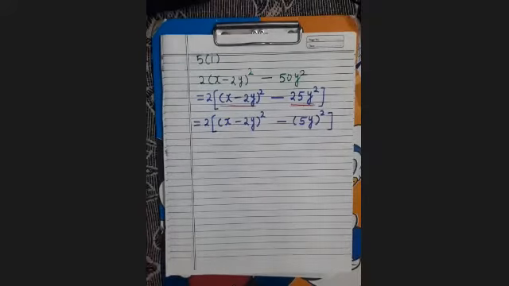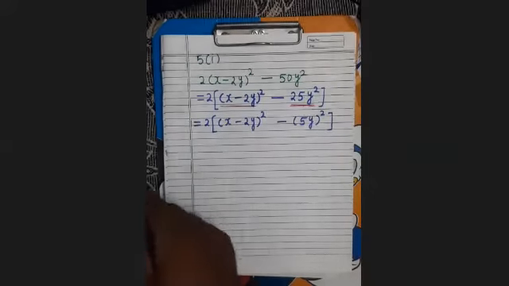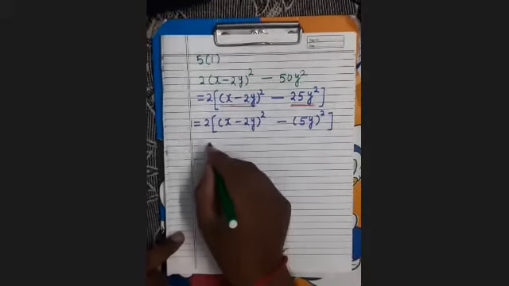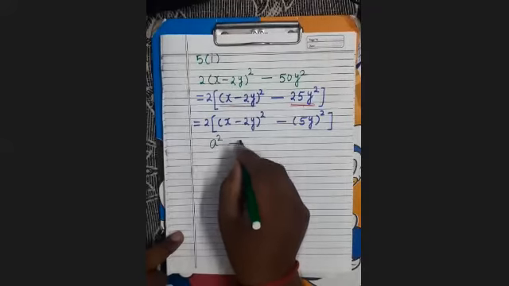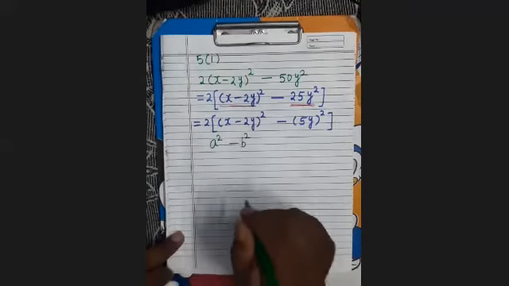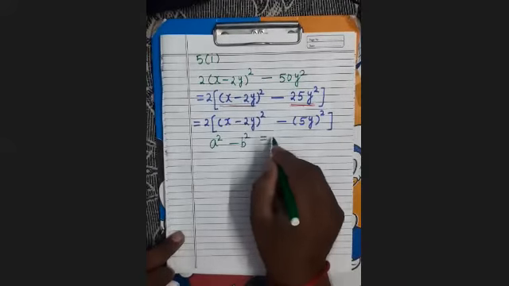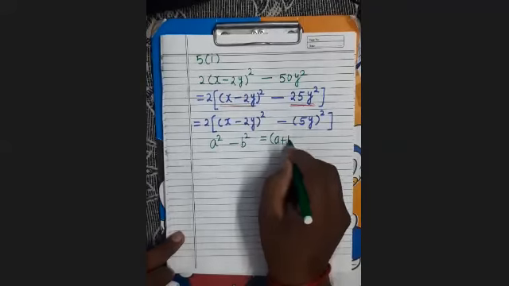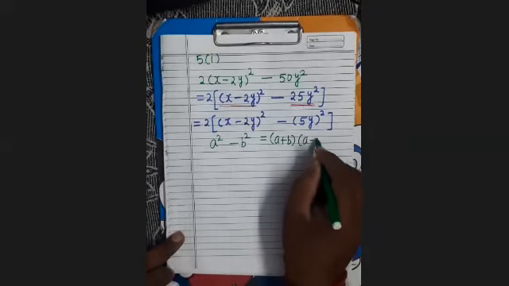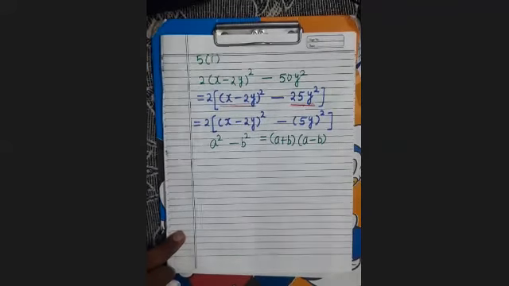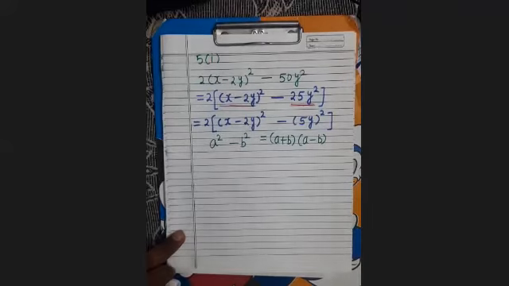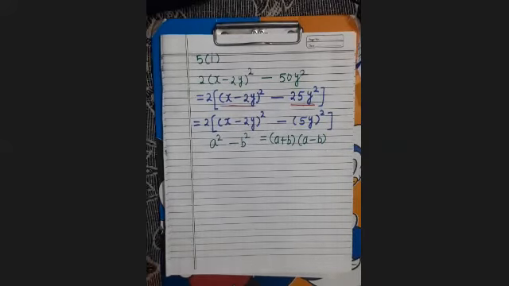It is clear? So you can see here, it is of the form a square minus b square. A square minus b square will be a plus b in one bracket, a minus b in the other bracket. एक ब्रैकेट में a plus b, एक ब्रैकेट में a minus b.